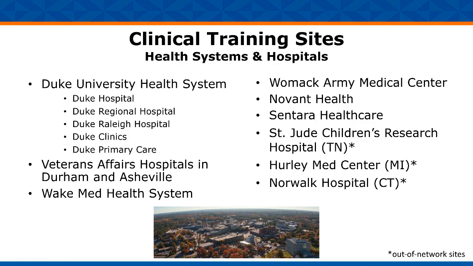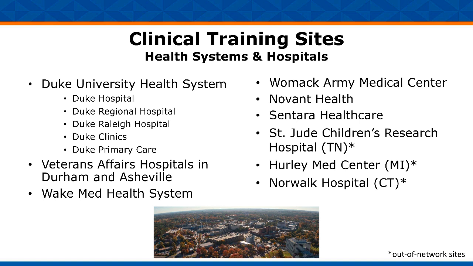The Duke PA program partners with the Duke Health System to administer about 45% of our clinical rotation sites, and then we have close affiliations with other hospital systems across the state and out of state to support ongoing high-quality student rotations.